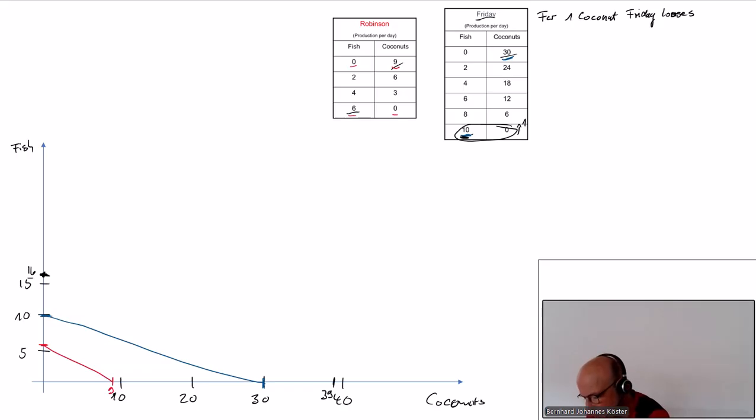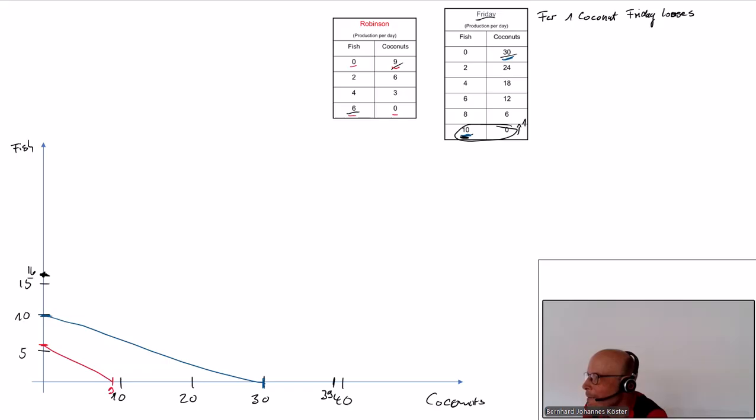Or let's take it the other way around. Reducing my production of fish from 10 to 9 means I can pick up 3 coconuts, okay? But now I want to have only 1 coconut, not 3. So it is not 1.5, but 1 over 3.